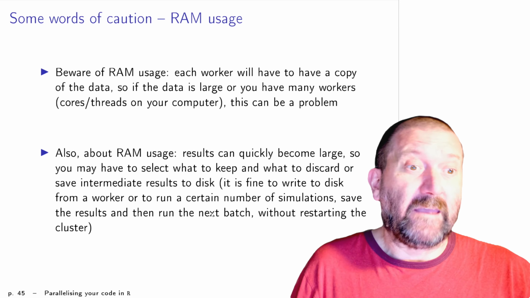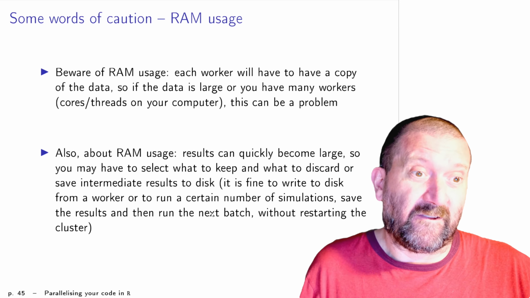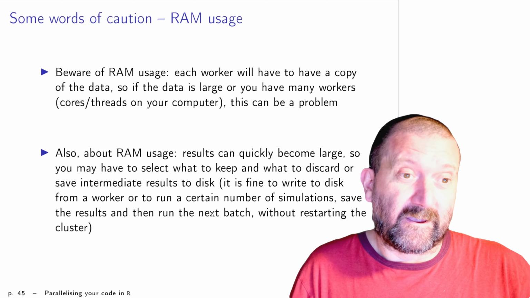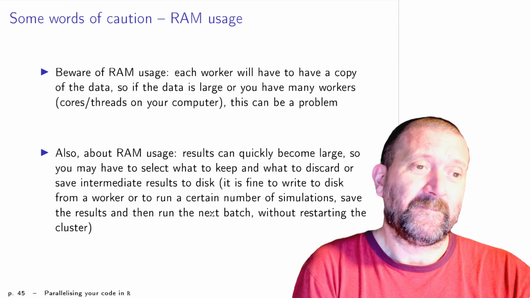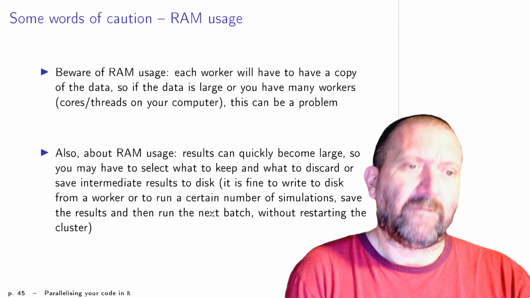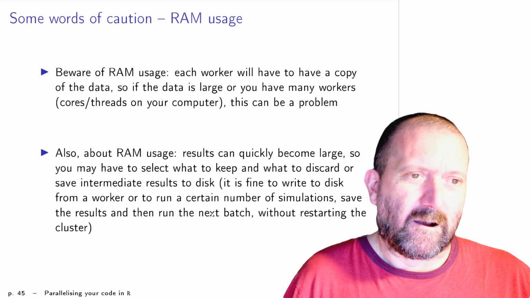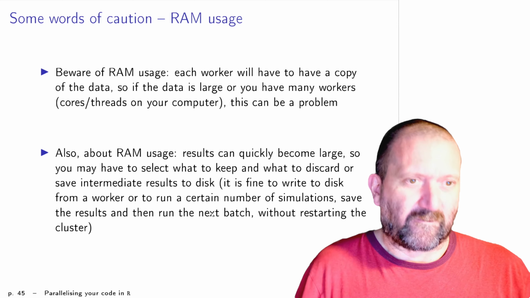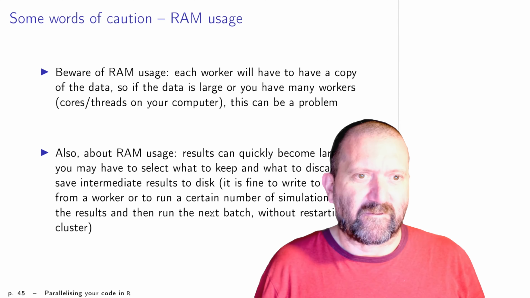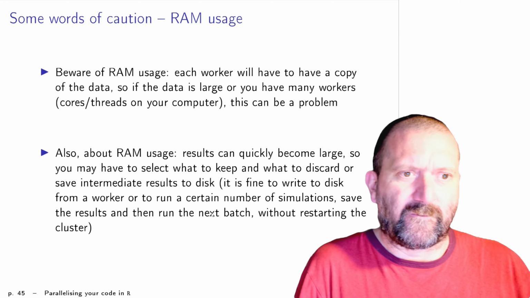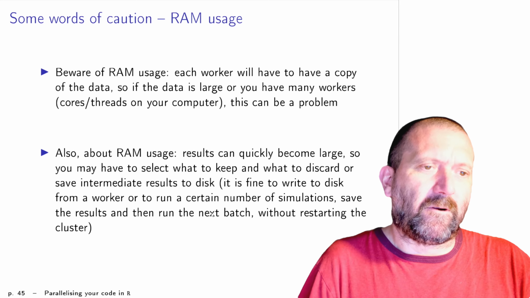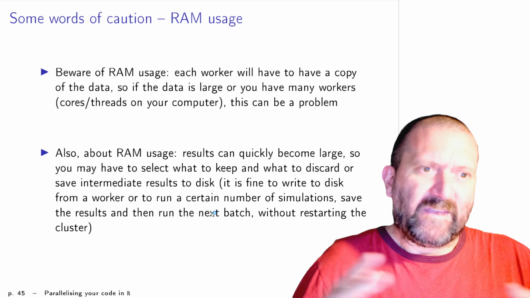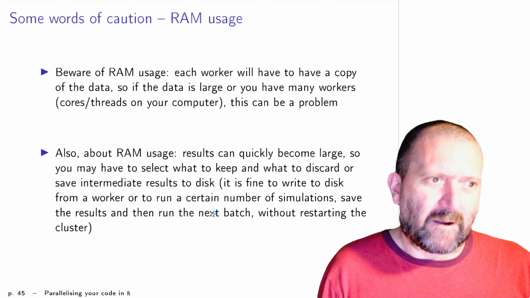Well, if you need to make 100 copies of a gigabyte, that means that before you even start computing, you need 100 gigabytes of RAM. So for example, that's one of the reasons I'm using this machine. I've got 192 gig on it, so I can run some code that I absolutely cannot run on other machines just because of the size in RAM.